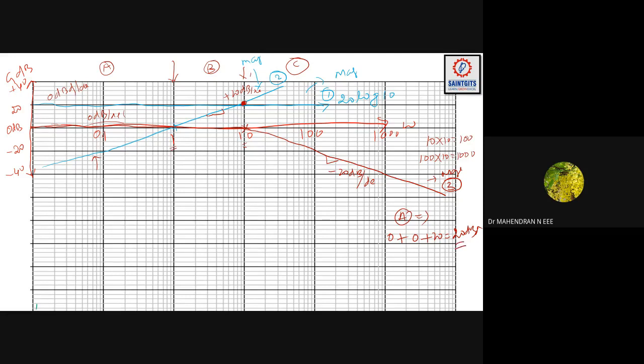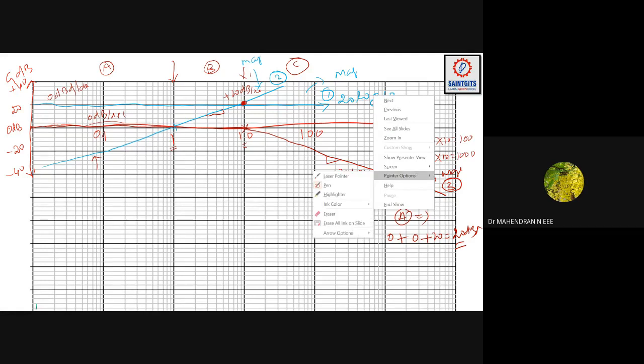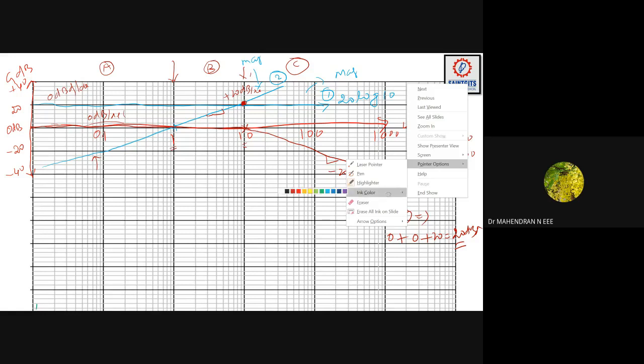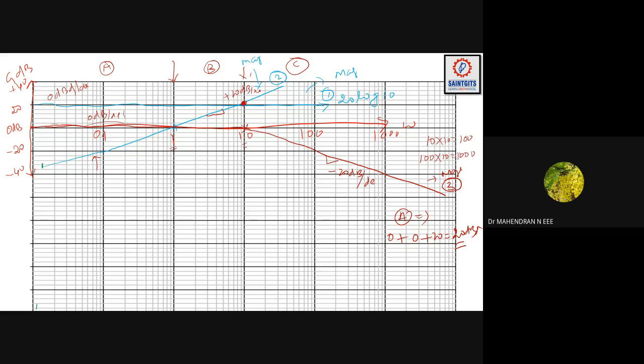Now, up to this point, the slope is not at all changing, even with B, you can see.